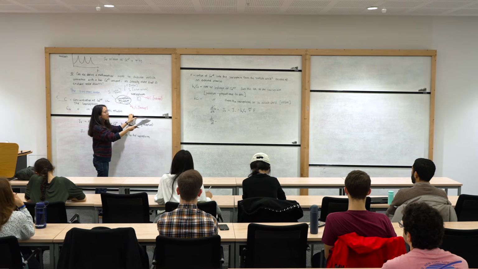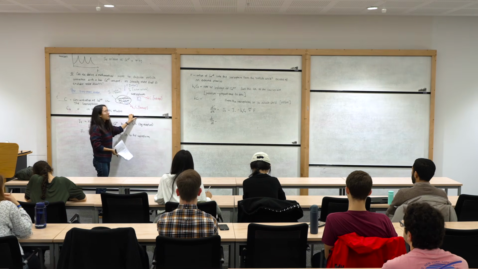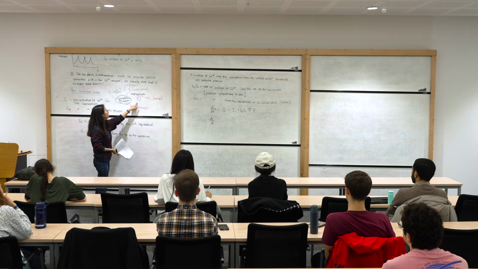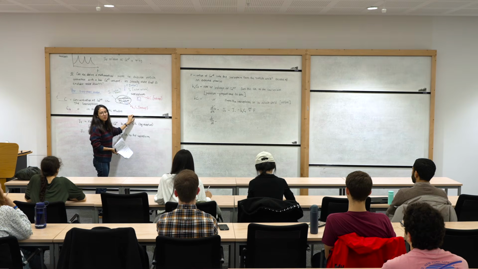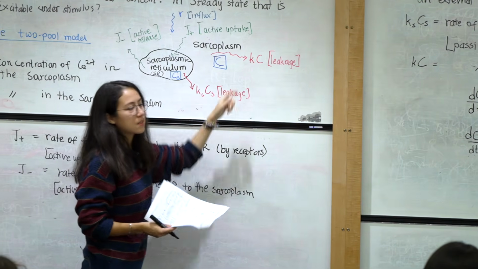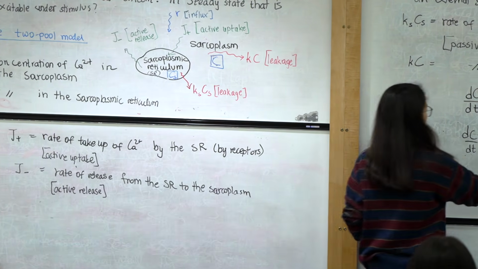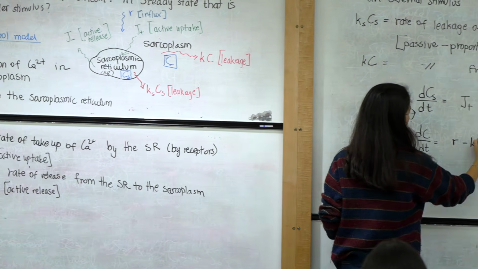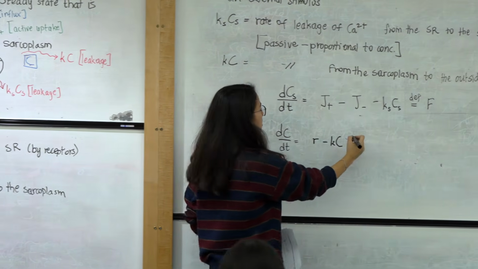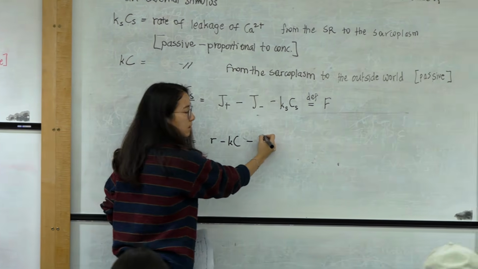So I will have minus dF basically. And what am I adding to the sarcoplasm? Additional things. Yes, so I should write R. And you subtract this, exactly. So it's going to be R minus the leakage thing, and then minus that. Is it okay if I just write F?